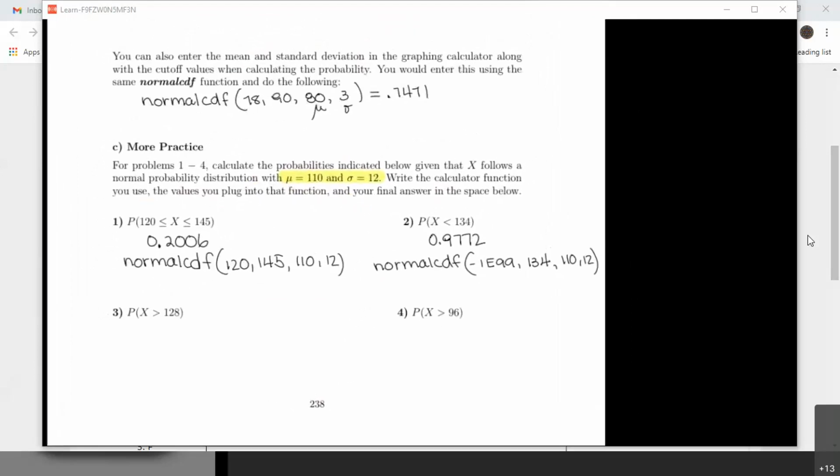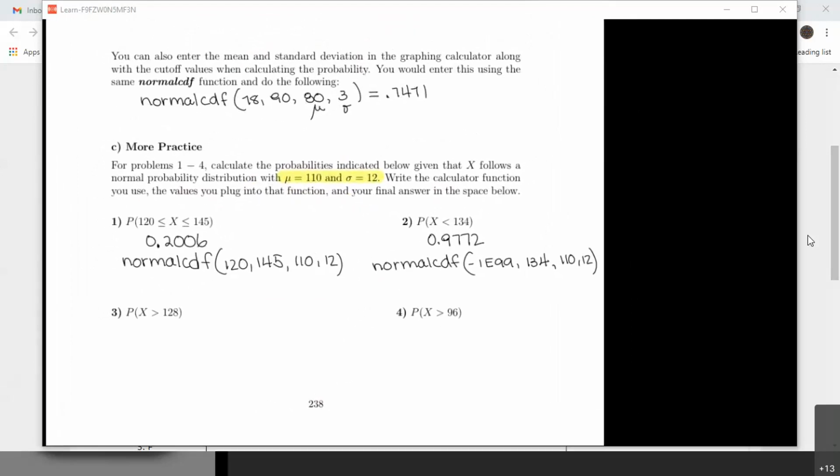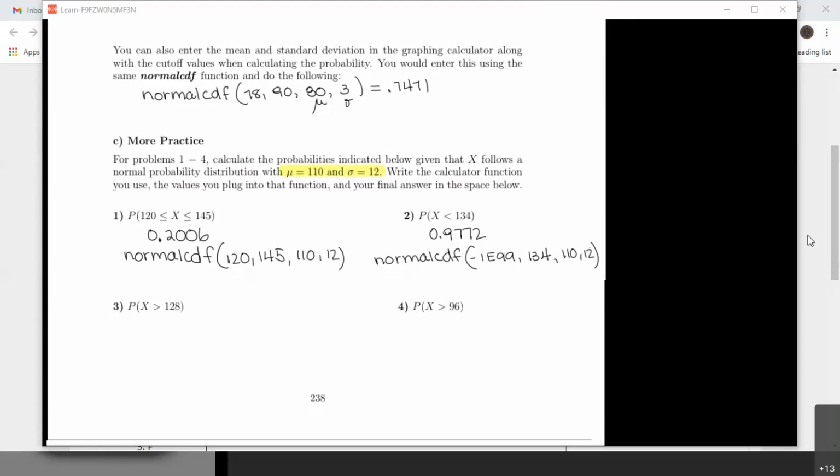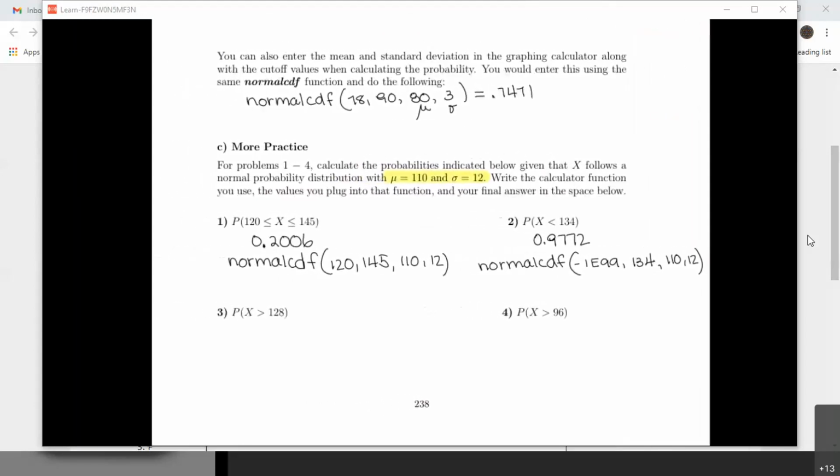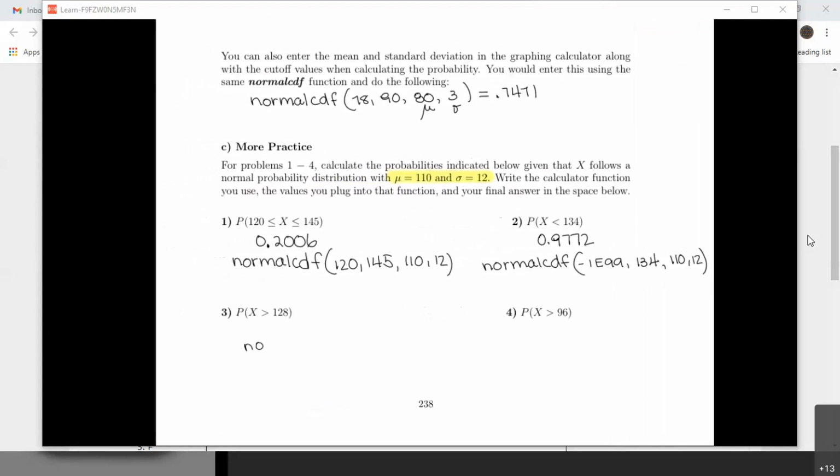All right, how about part 3? Anybody get a value for part 3 greater than 128? Yeah, okay, so not that big.